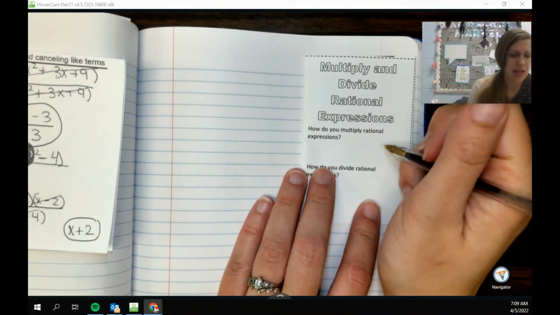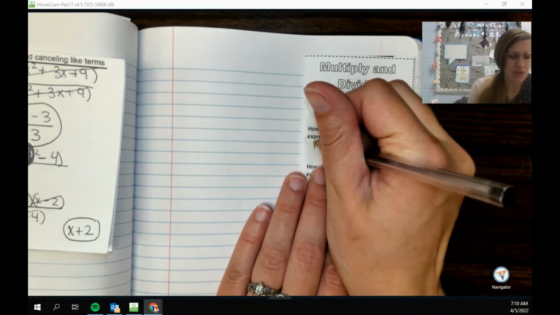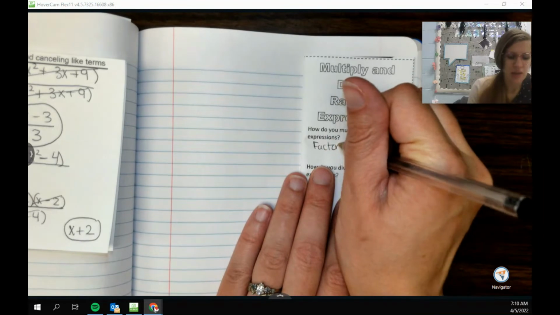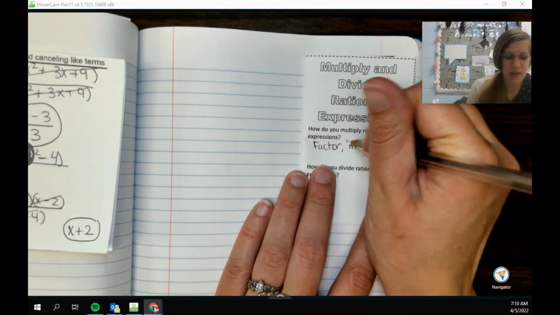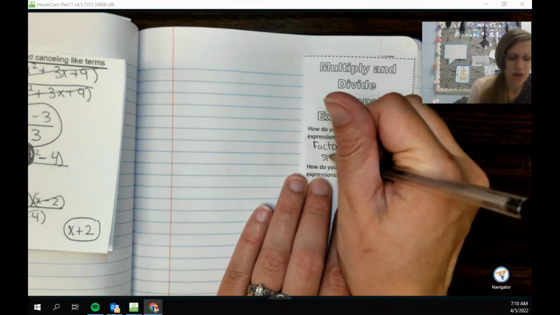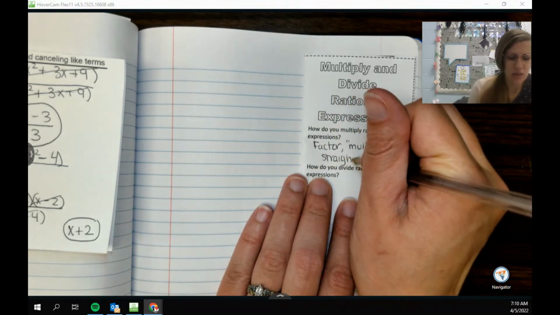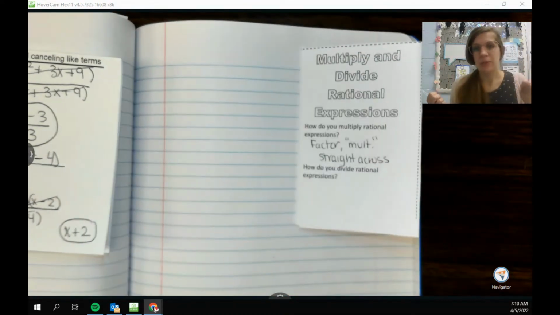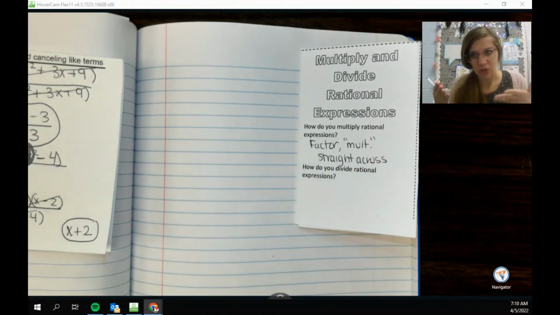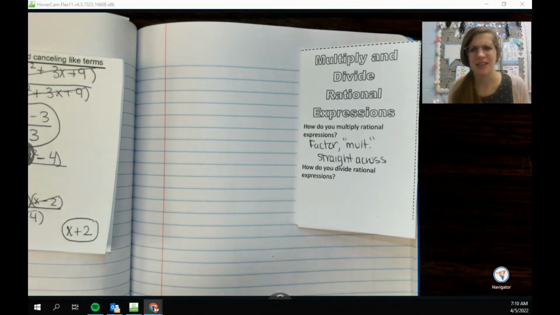When we multiply a rational expression, we need to factor, then multiply straight across. Now, when I put multiply in parentheses, we're not actually going to multiply. We're just going to smush everything together, because if we factor it and then we re-multiply it, we kind of undid what we just did.